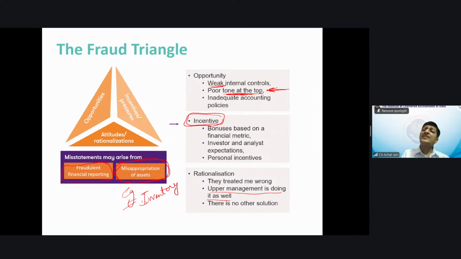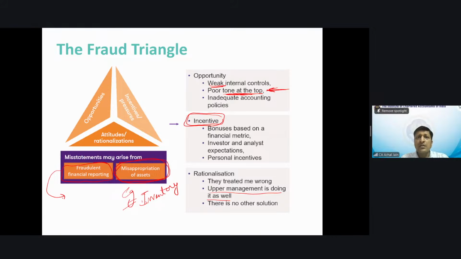They can create excess provisions, for example, book more and more expenses. The company can have accounting policies which support the accounting they want, and which may not be in line with the accounting principles and accounting standards.